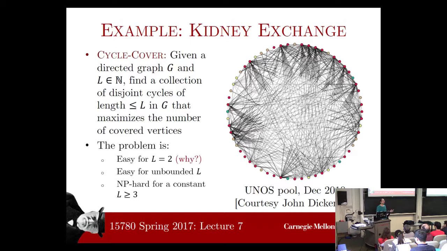Okay, so this is a really weird situation where if I really restrict the length of cycles, it's easy. If I don't restrict them at all, on the other extreme, it's easy. But in the middle, the problem is actually NP-hard. And frustratingly, the L equals 3 case is actually the real world case that we care about the most. So in the real world case, this problem is actually NP-hard.